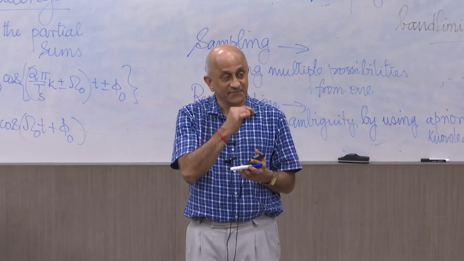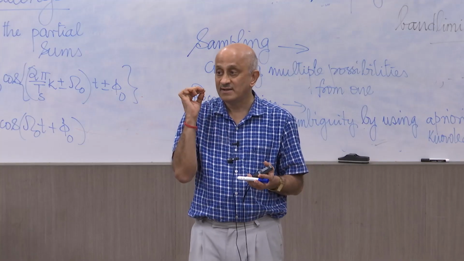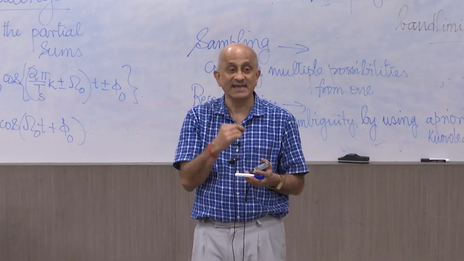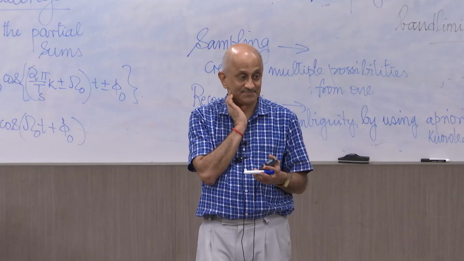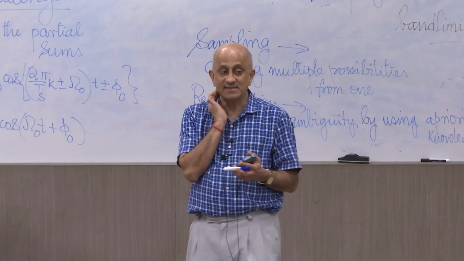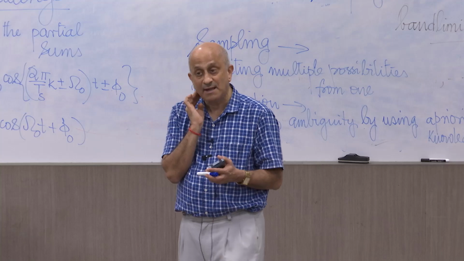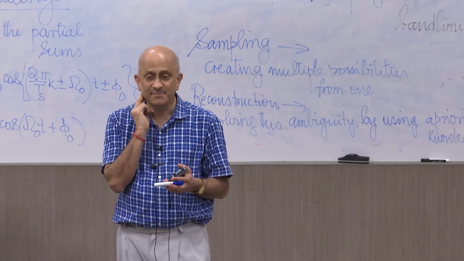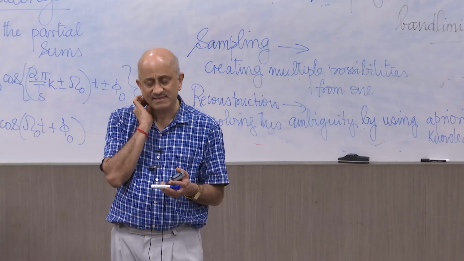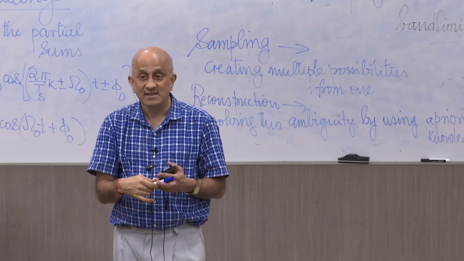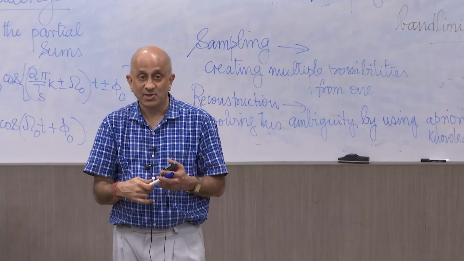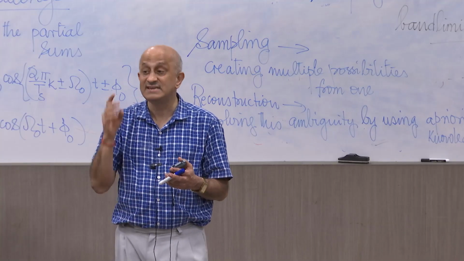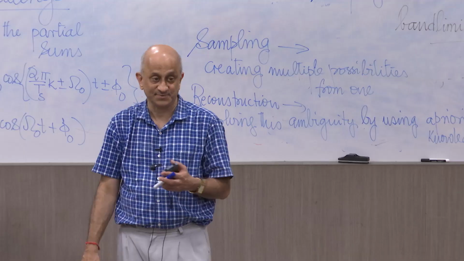Now, to illustrate further this idea of a priori knowledge, let us take an extreme situation. Why I am saying this is because we should not think that sampling and reconstruction only requires band limited signals. Suppose I told you, for example, your signal is a constant, it's a DC voltage.